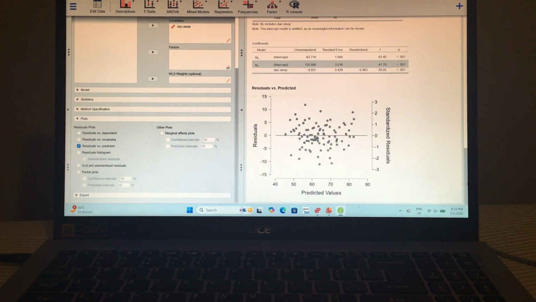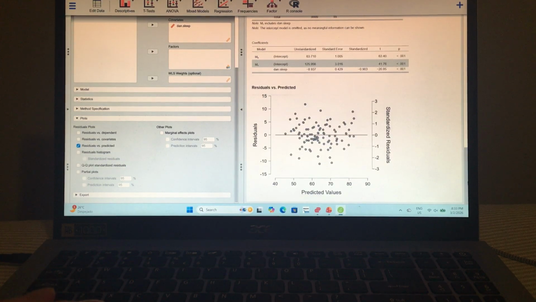We're going to move down to the bottom of page 10 and create a histogram and a QQ plot. Again, we do regression, classical, linear. We move Danny's sleep to the covariates, Danny's grumpiness to the dependent box, and then go to plots.